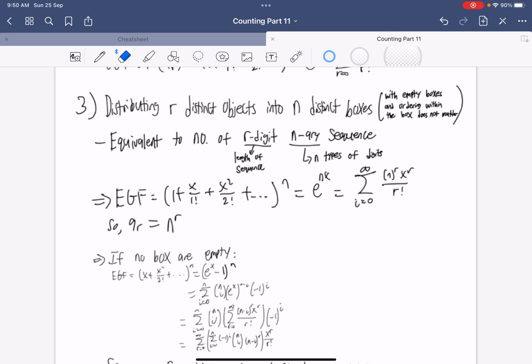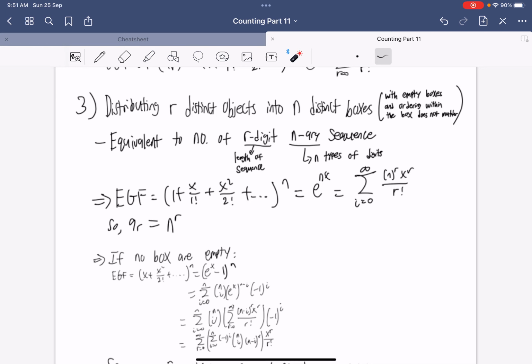So let's take a simple example where our EGF for this case is 1 plus x over 1 factorial plus x squared over 2 factorial, to the power n. This just means that we have our n types of digit that can repeat.